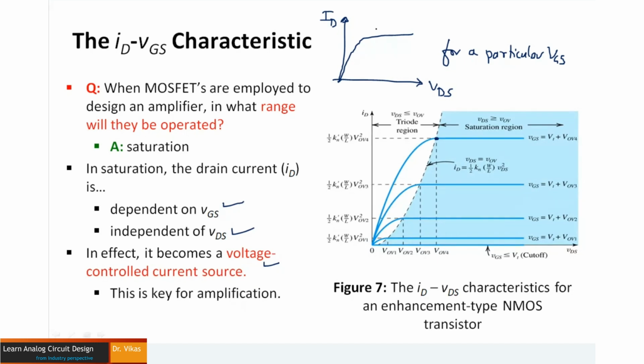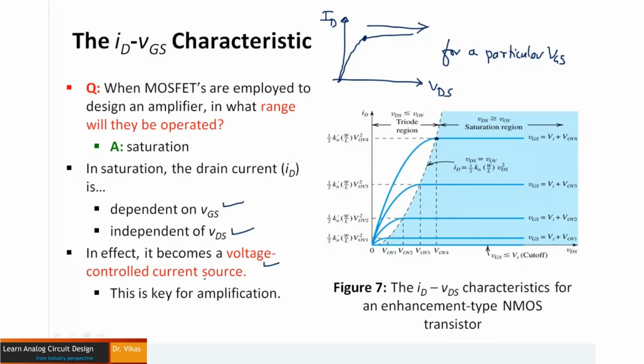Typically in the saturation region, if I ignore that small incremental rise in the current and consider a flat curve, where the current has reached saturation and is retaining a constant value, that means this MOSFET in the saturation region is going to behave as a voltage controlled current source.